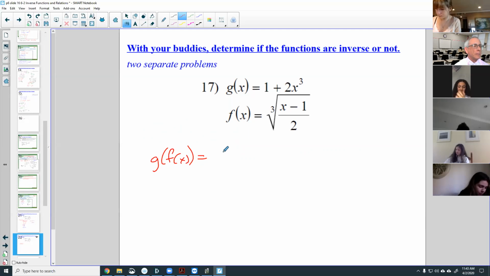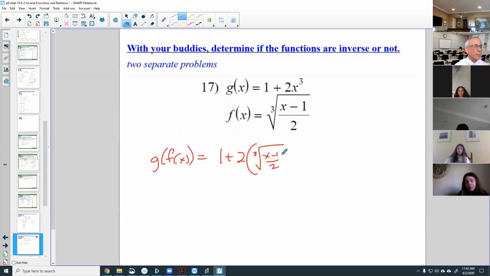All right, so is it 1 plus 2 times the cube root of x minus 1 over 2? Almost, you're forgetting one thing. Oh, squared, or cubed, sorry. Cubed, right? Very important thing.